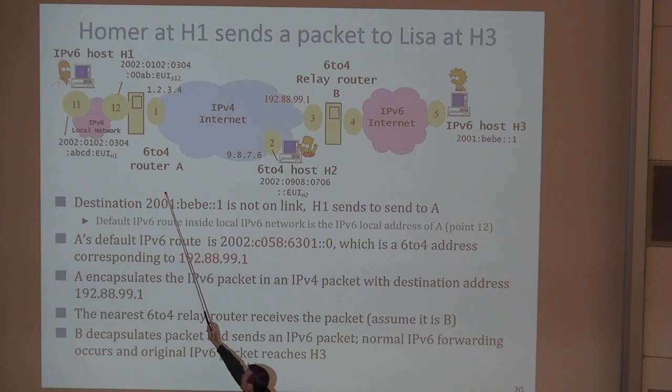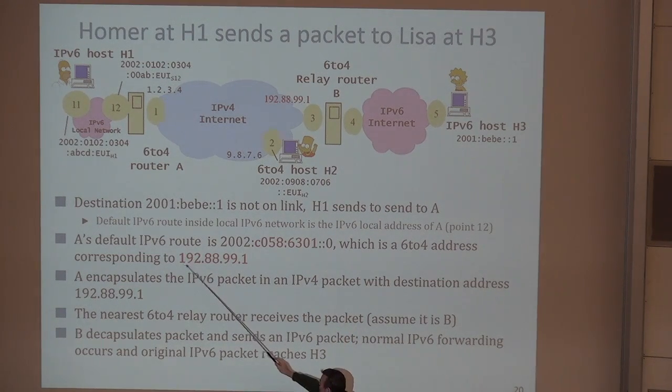So when this packet reaches A, which is a 6to4 relay router, it knows what to do with cases like this. It receives a packet to that destination. Now it is a 6to4 relay router that has a packet to send on the IPv4 side. So it will need to send it to the nearest relay router that goes to the IPv6 internet.